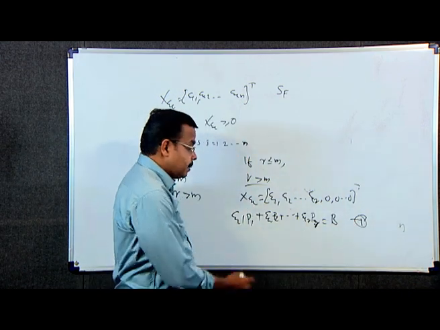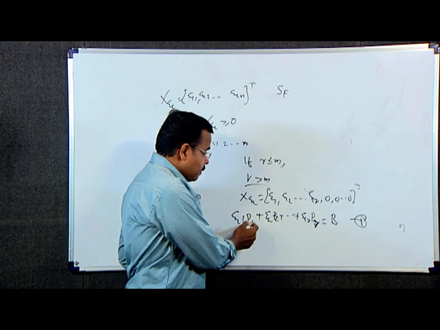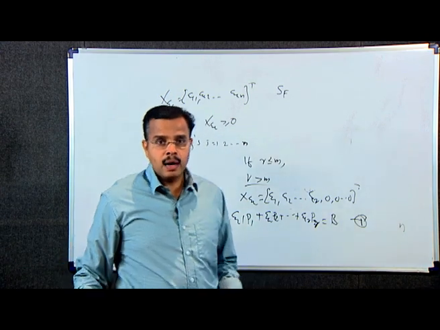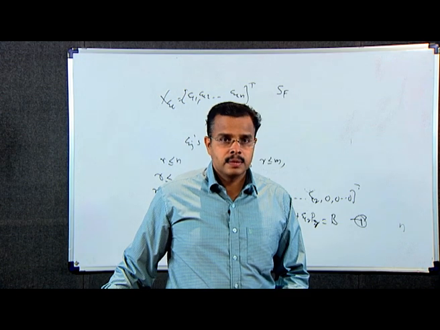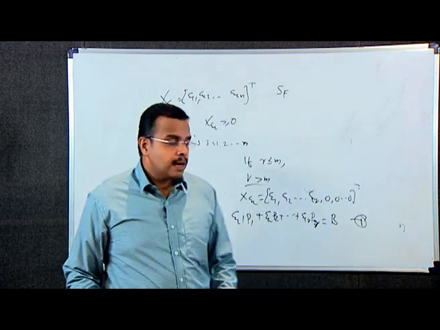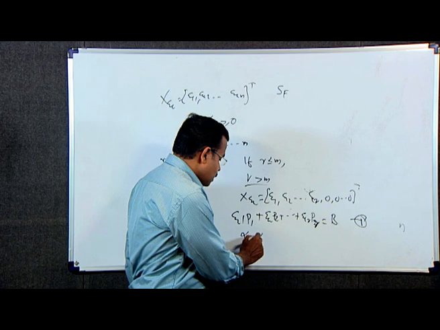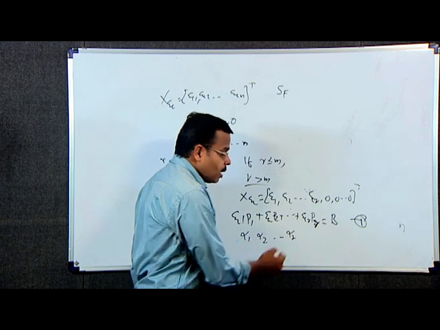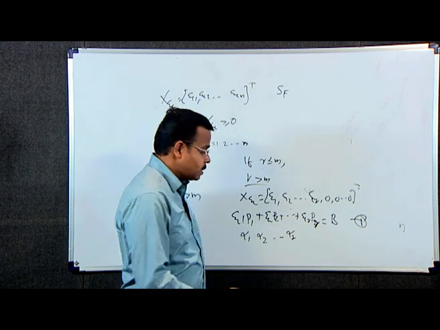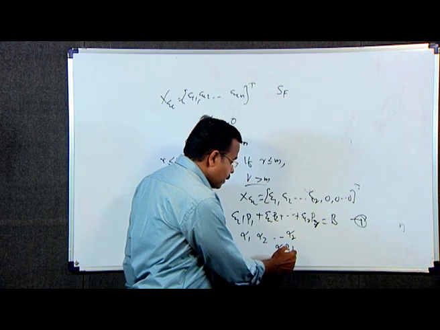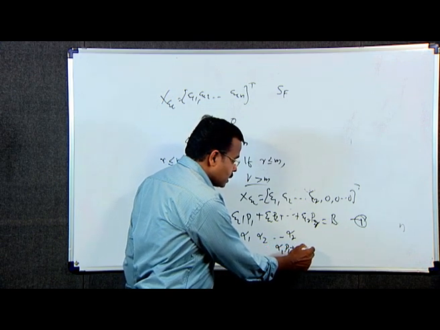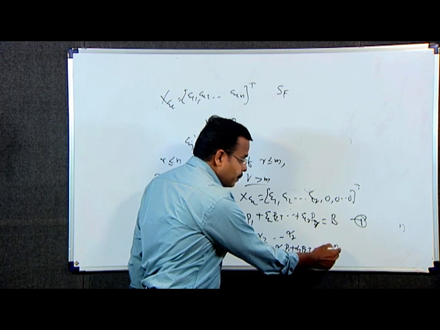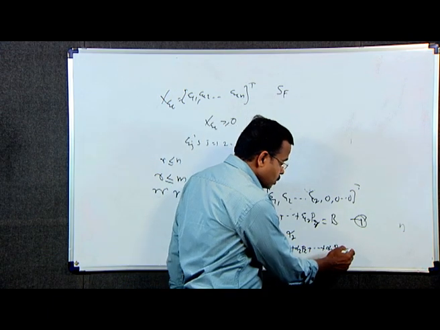As r greater than m, the vectors P1, P2 etc. Pr are not linearly independent. So, there exist alpha 1, alpha 2 etc. alpha r not all 0, such that alpha 1 P1 plus alpha 2 P2 etc. plus alpha r Pr is equal to 0.